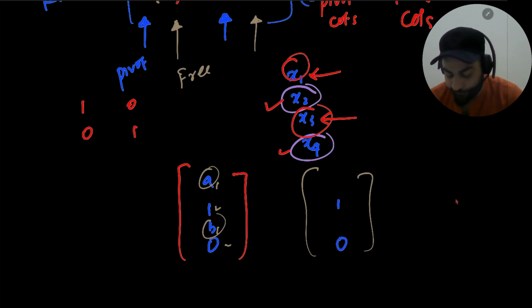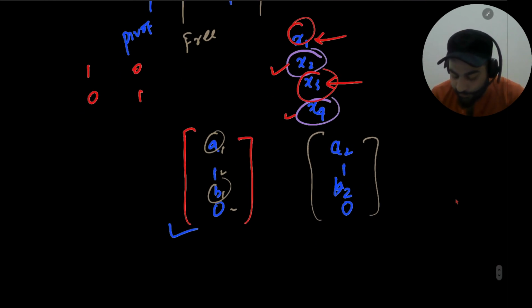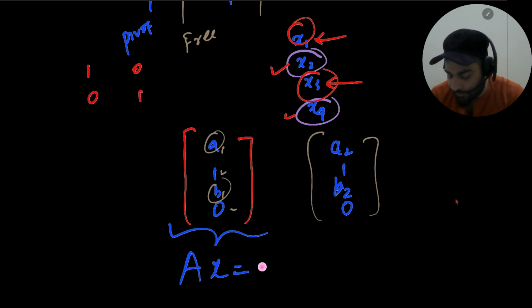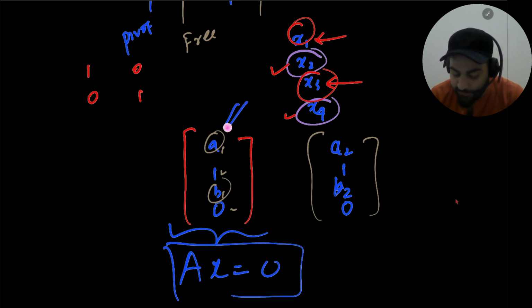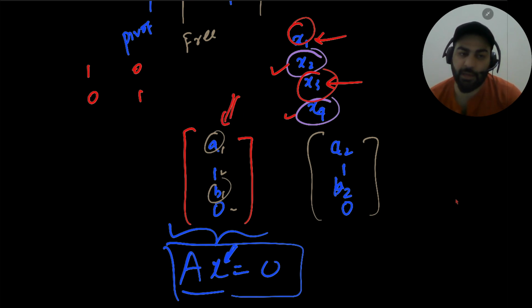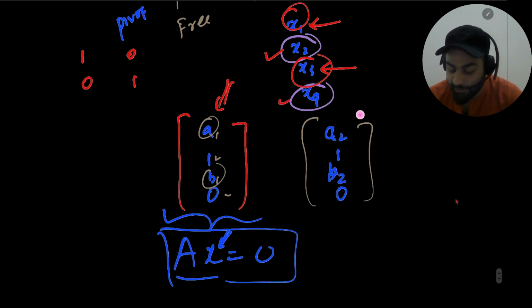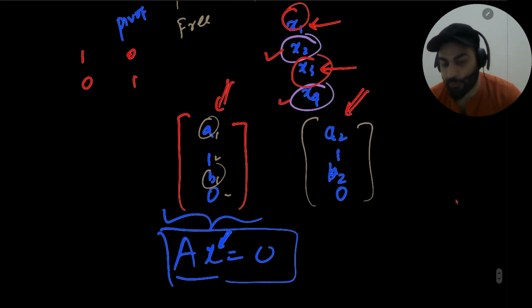Now we can compute the other values for the pivot variables, so let's suppose we had a2 and b2. Now I told you that this equation solves Ax equal to 0. So if you put these values instead of these x's, you will get Ax equal to 0. This vector will satisfy the equation Ax equal to 0. Again, if you do the similar thing with this, this will also satisfy.